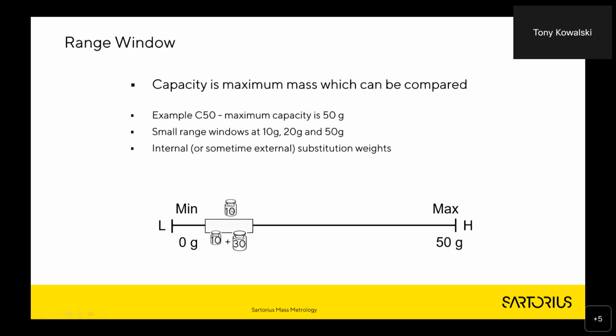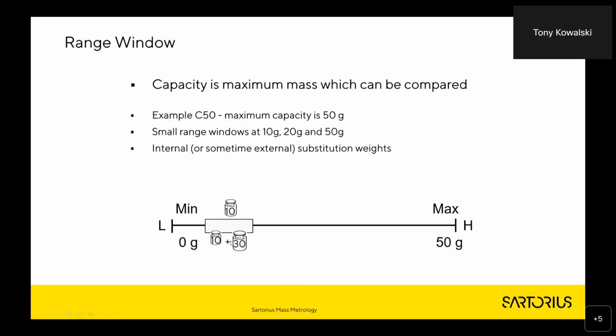And until we place the reference weight on, we just see L on the display, L for low. We put the 10 gram reference weight on, and then our combined value, we can tare off the 10 grams, take off the 10 grams, put on the test weight, and measure the gain, the small difference between the test weight and the reference weight, which will be within the range window.